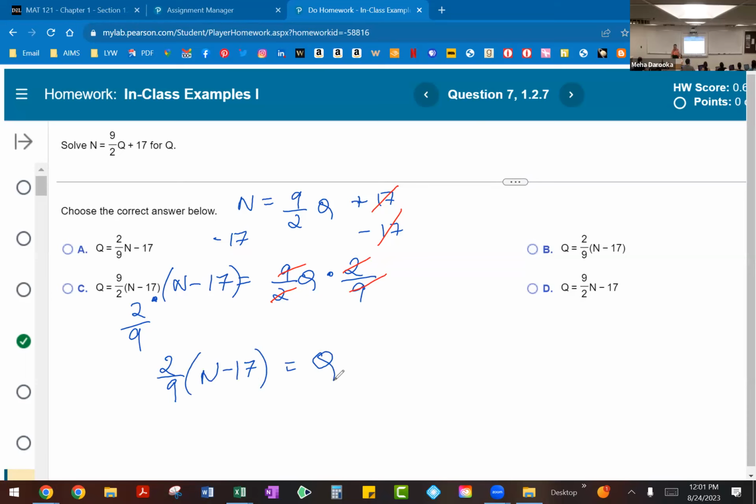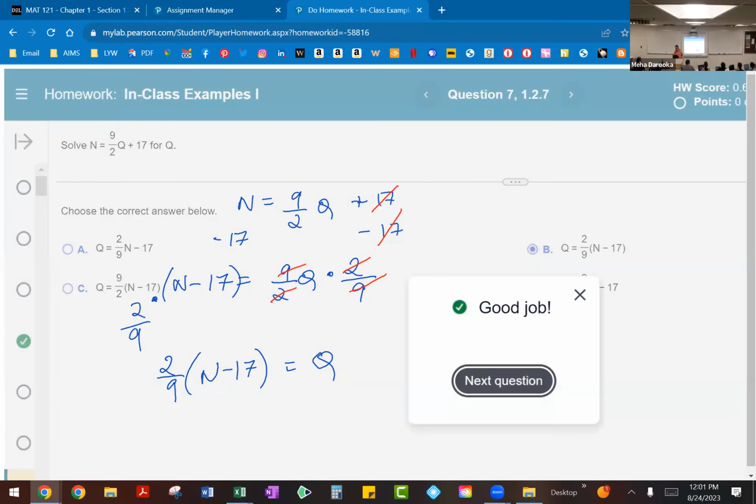That equals q. So which option, A, B, C, or D, matches that? B, yeah, because again, remember, since we subtracted the 17 from n first, they need to stay in parentheses. So yeah, very nice. This one right here. All right, let's check our answer. Let's see what we got.